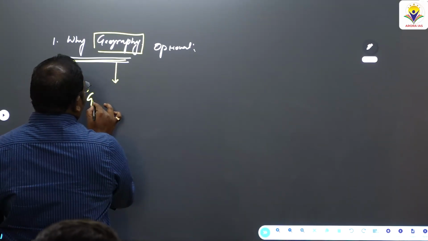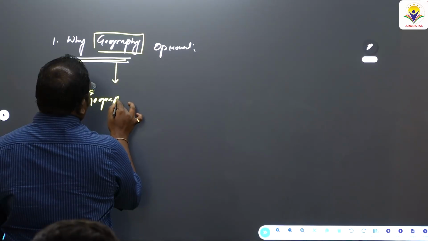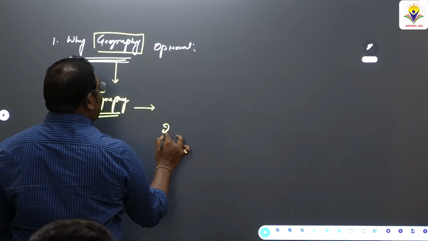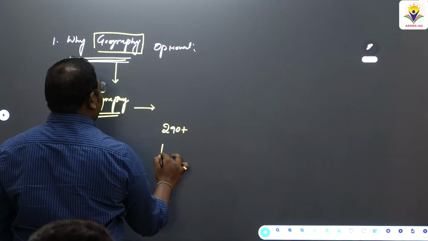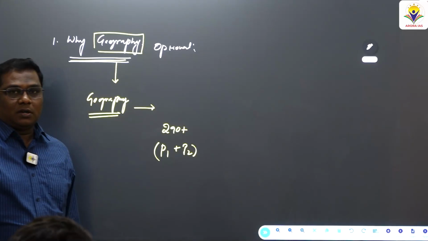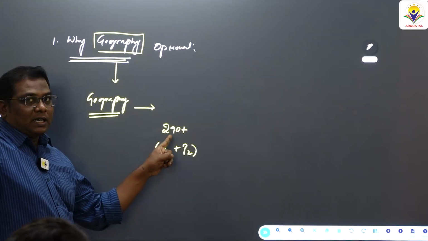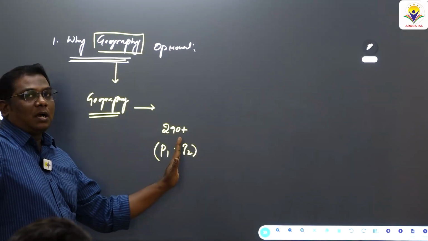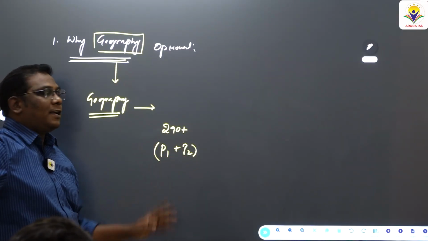Point number one: if we take geography as optional, you will roughly get at least 290 plus marks in paper 1 as well as paper 2 of the mains examination. This is the most common average score I have been telling you.